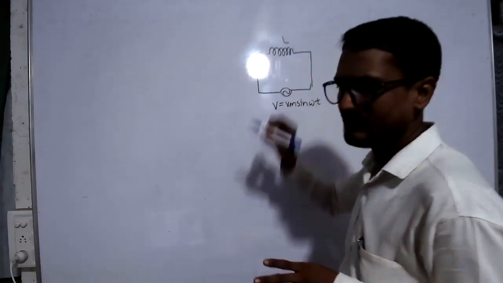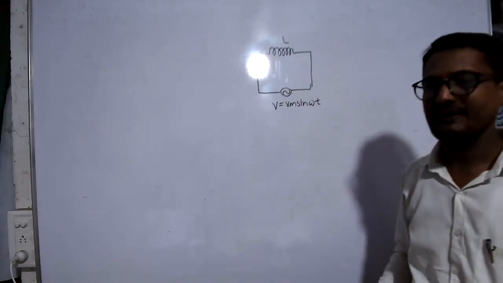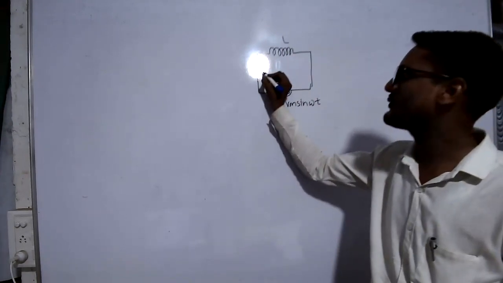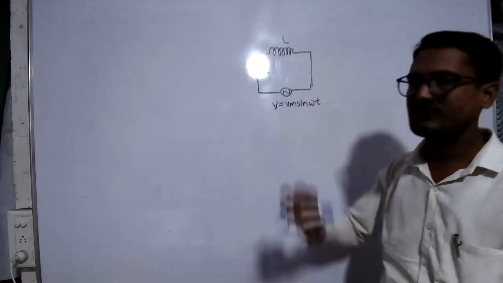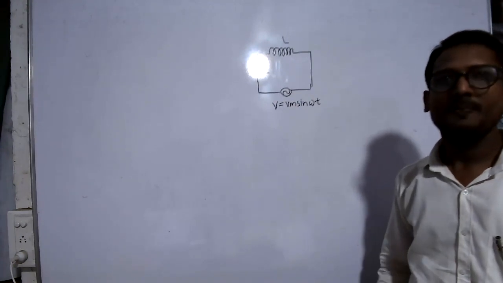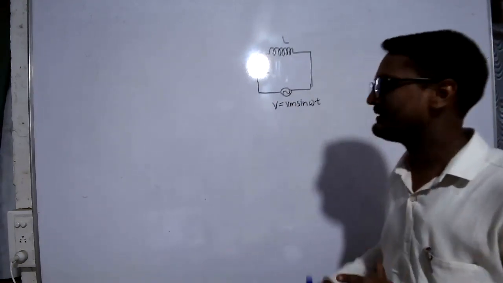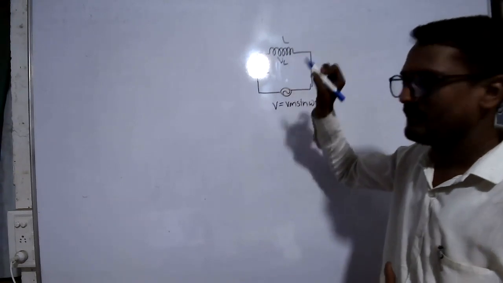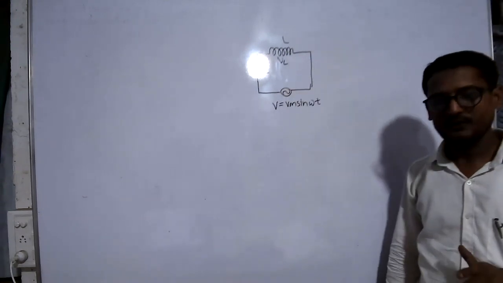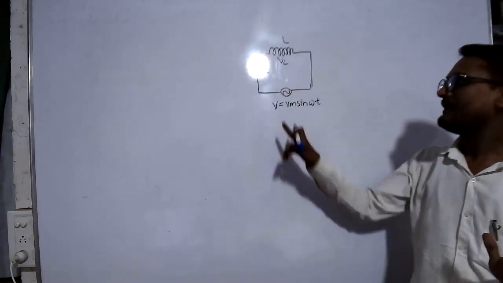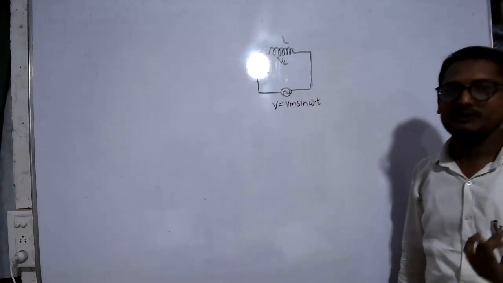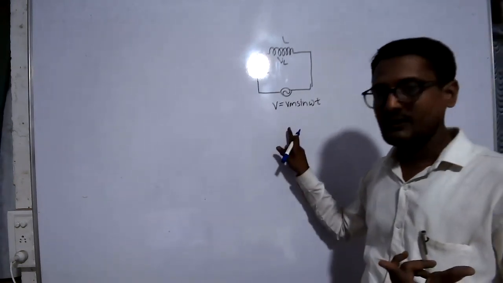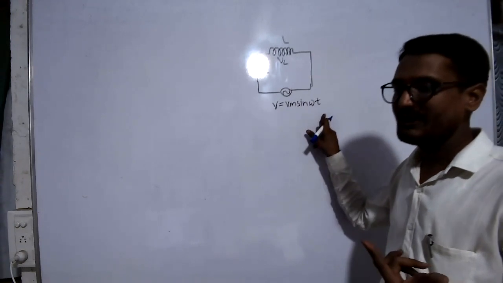If the supply is connected, then current I starts flowing through the pure inductance. Then the voltage drop across the inductor is called VL. The voltage equation is V equals Vm sin omega t.